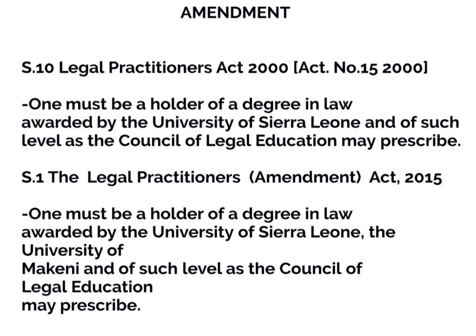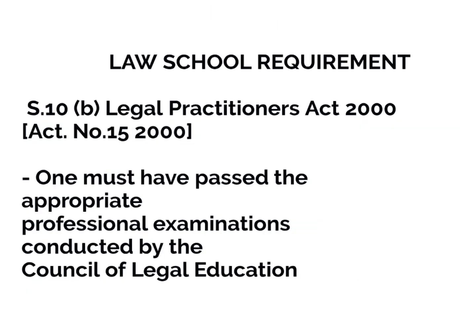Now, to the law school requirement. In the law school, there is a requirement as captured under Section 10, Paragraph B of the Principal Act that one must have passed the appropriate professional examinations conducted by the Council of Legal Education.